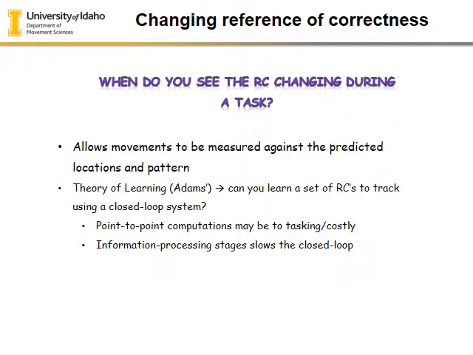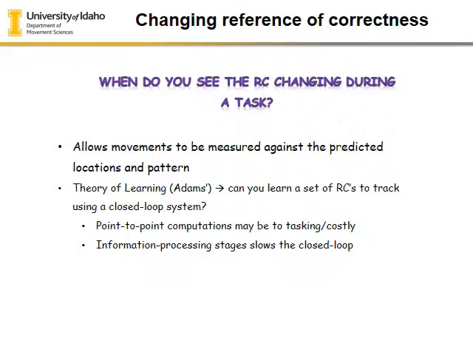So how do you change that? It allows movements to be measured against a predicted location and pattern. And Adams, in his theory of learning, says you can develop numerous sets of these references of correctness to track using an open loop system.